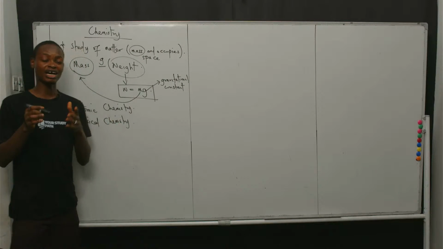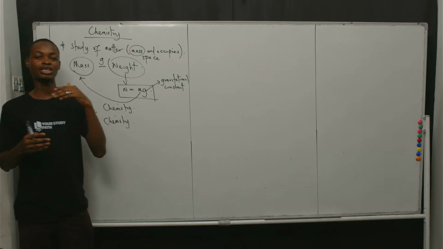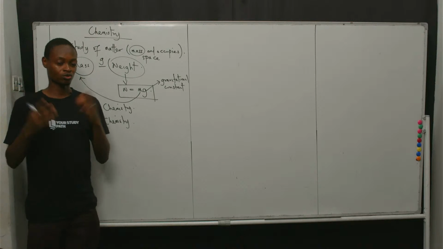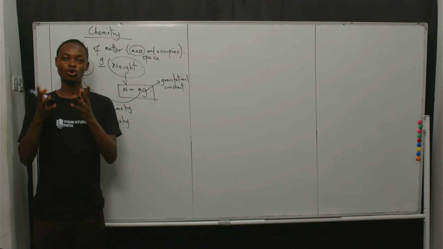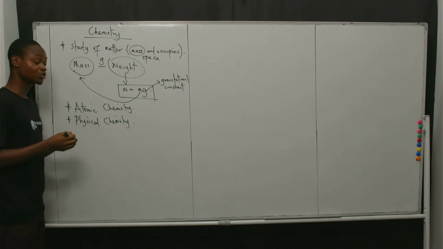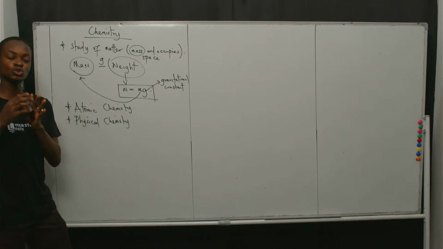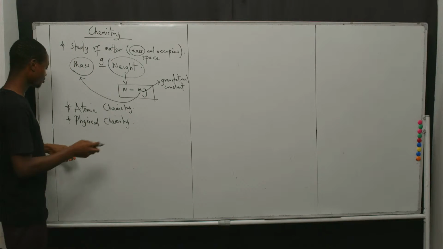Now, in terms of branches, for some of you that might study biochemistry or chemistry in the university of medicine and surgery or any kind of chemical inclined course, it's very, very important to know that in the university, chemistry is broken down into three realms, basically. Three realms.